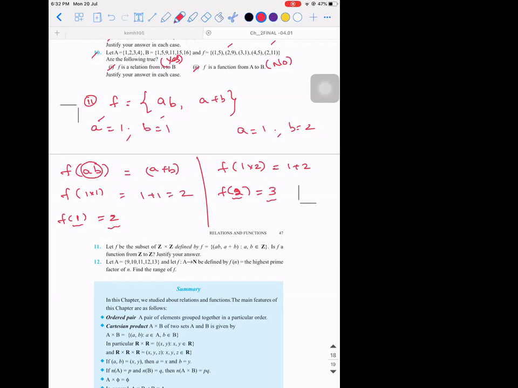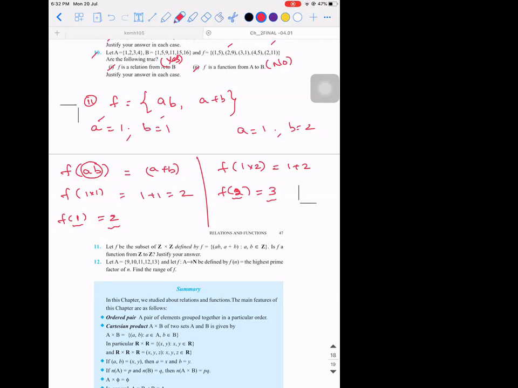No, sir. For example, can A be equal to 0 and B also be equal to 0? Yes, it can be, because 0 and 0 both belong to integers, no?